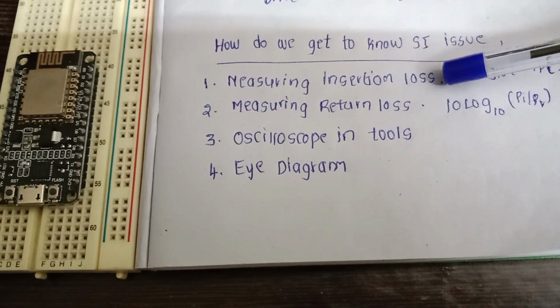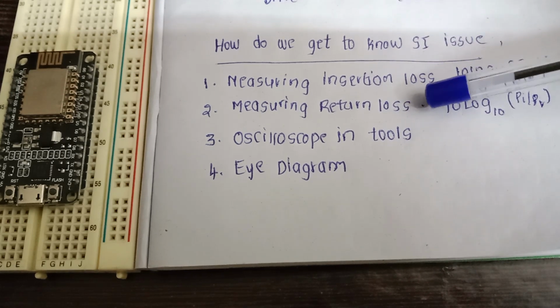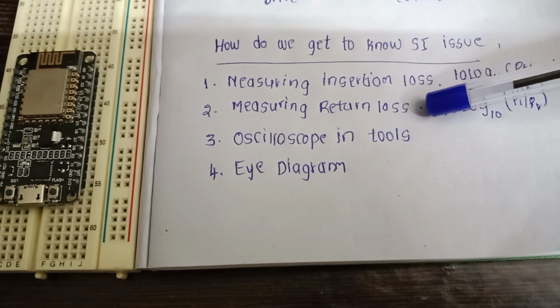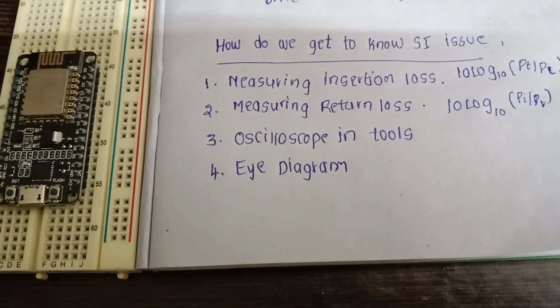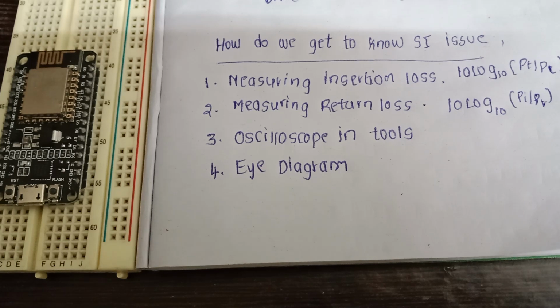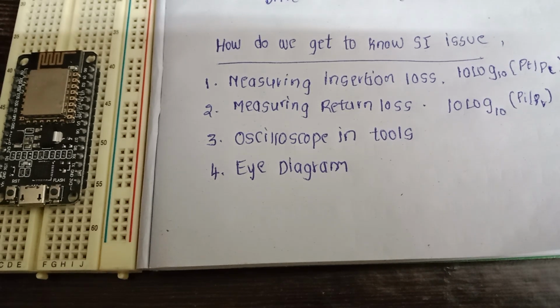Insertion loss is called S21, return loss is called S11 in S parameters. So when you are doing simulations, the simulation engineer can directly take the channel and show you the insertion and return loss. If insertion loss and return loss are satisfactory, you can say the channel is going to work without any issues.